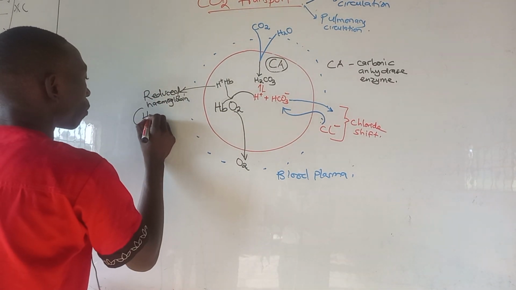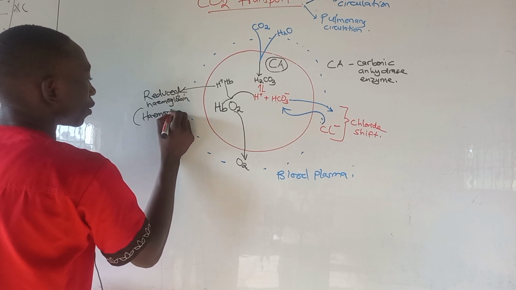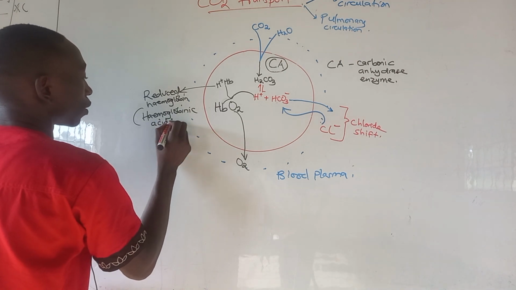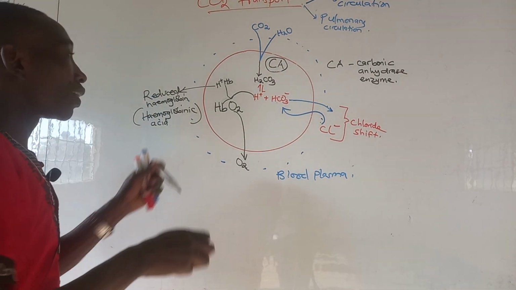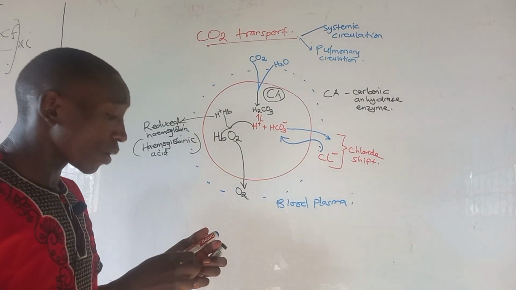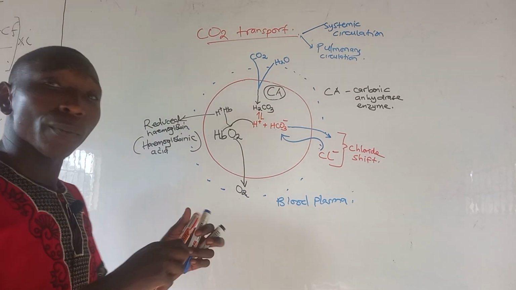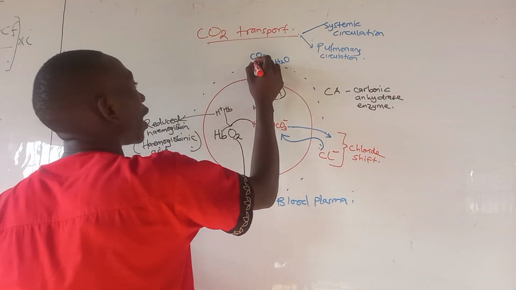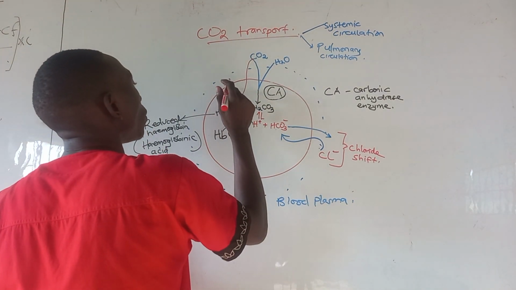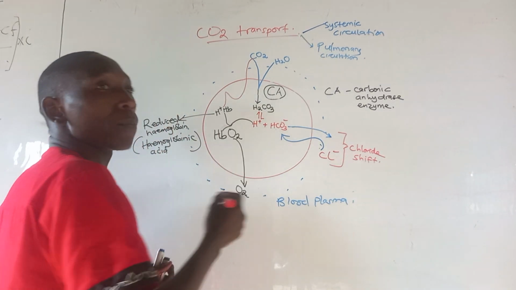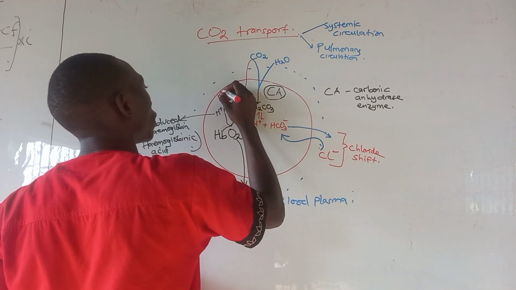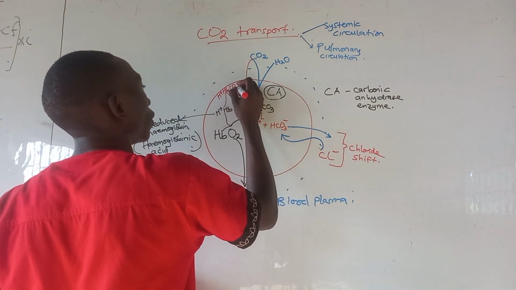Somebody can call it hemoglobinic acid. This reduced hemoglobin is so much reactive to carbon dioxide, and therefore this carbon dioxide comes and reacts with it to form a compound we call carbaminohemoglobin.